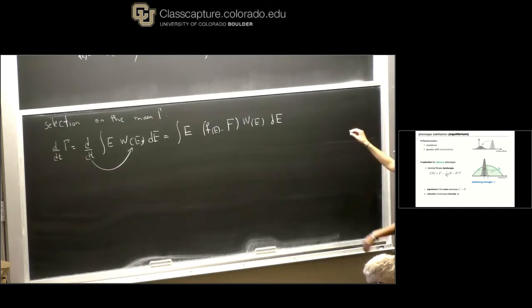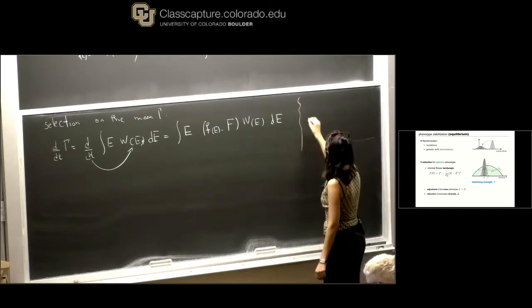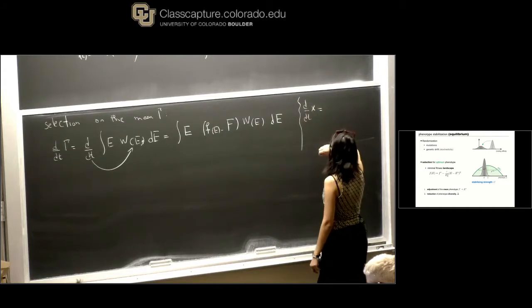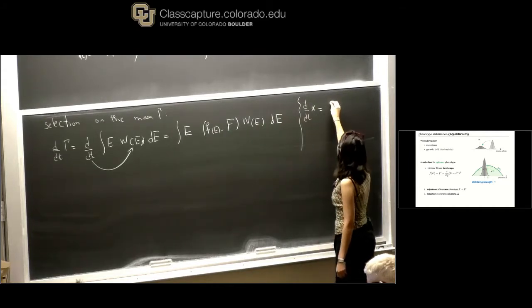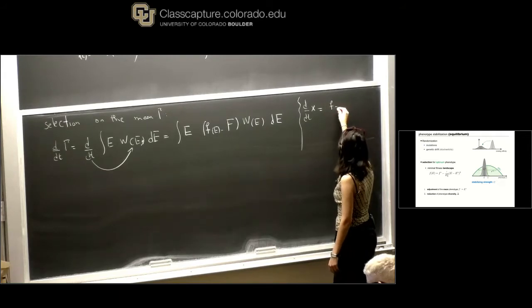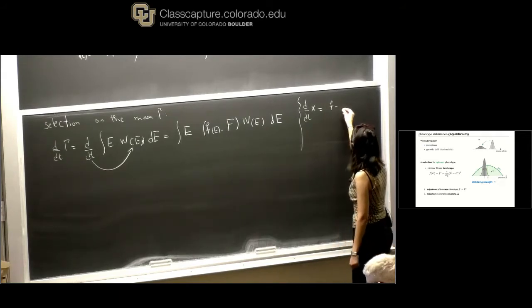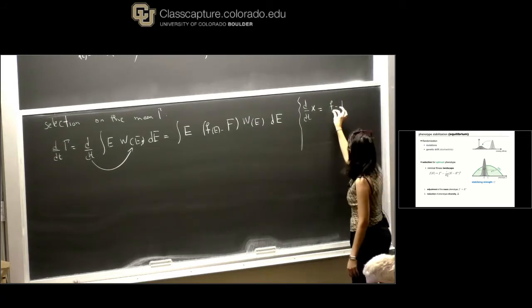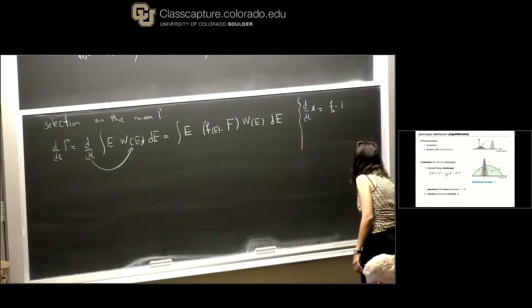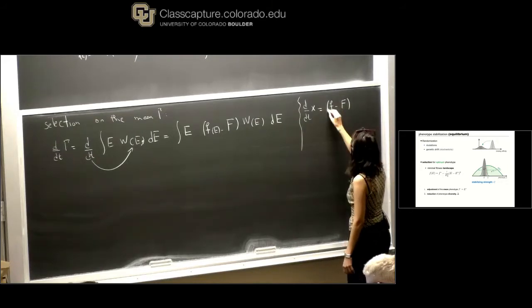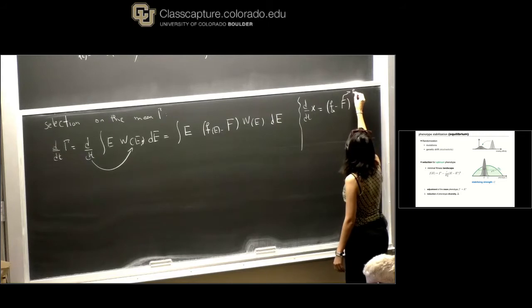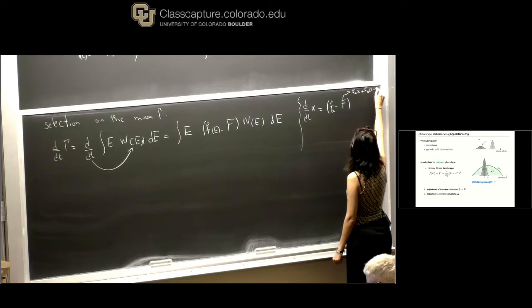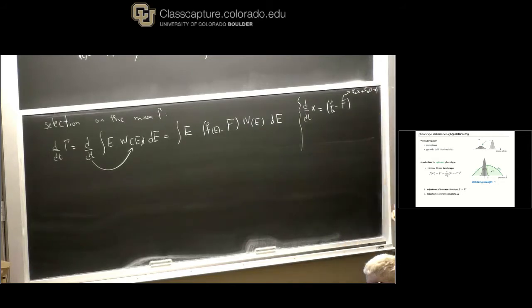All right, so we can go back to what we had for the frequencies. The d/dt of x, when we were writing this down, is basically fitness minus the mean fitness. So x was the type A in that case, FA minus the mean fitness in a population, and mean fitness was FA times x plus FB times 1 minus x, times x.